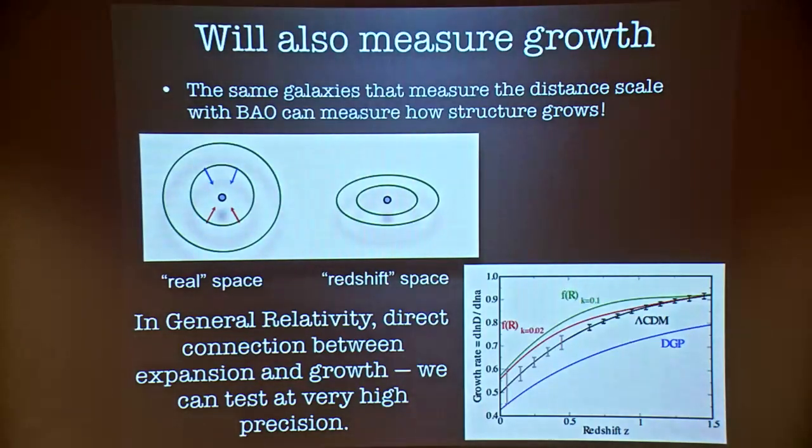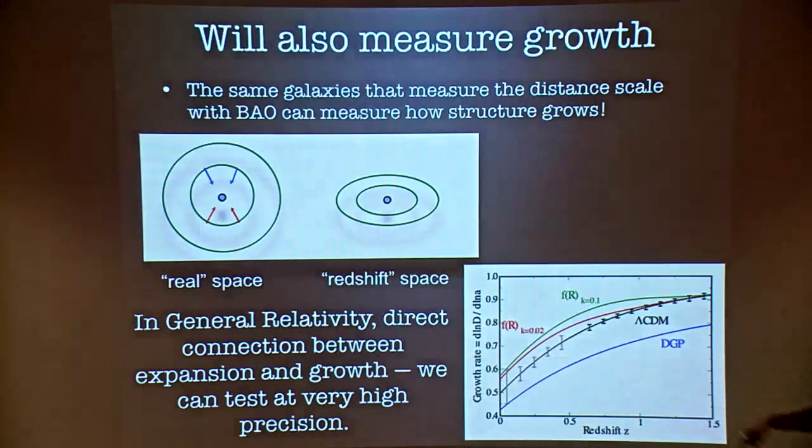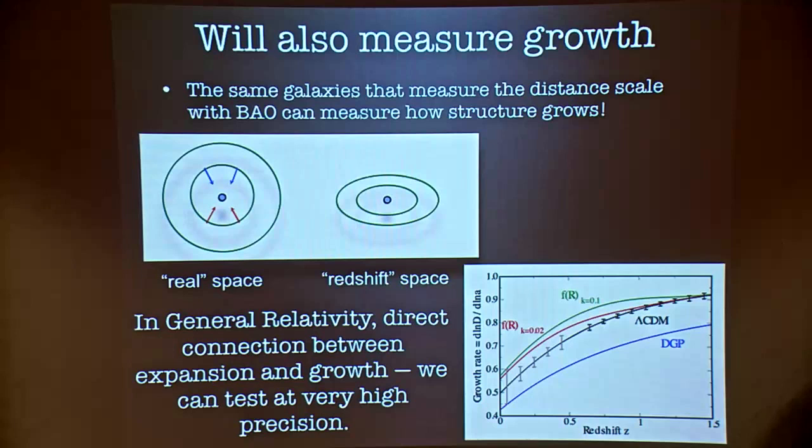And what that gives you is a measurement of the growth rate. And so we should be able to distinguish something like a cosmological constant from weird kinds of gravity models that would look the same in the expansion history, but different in the growth of structure. And that's because in general relativity, there's a direct connection between these two. So if you measure one, you can make a very precise prediction for the other. So if you can measure them both independently, then you're testing general relativity on cosmological scales. So it's really great.